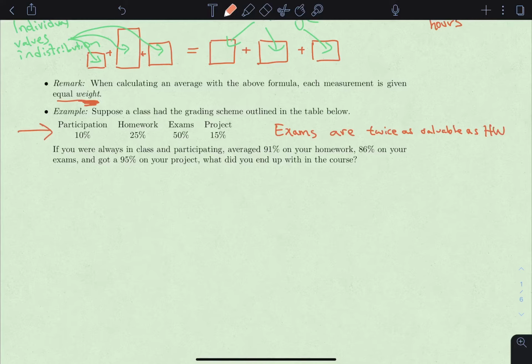So let's calculate your grade if this is you. You're always in class and participating, so you get all the points for participation. So you earn 100% for participation.